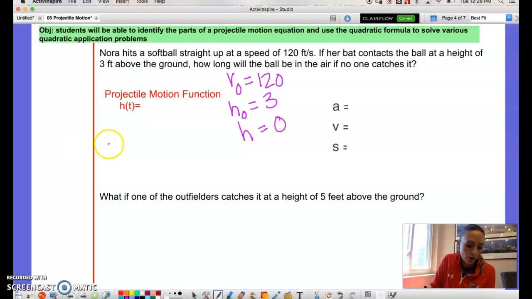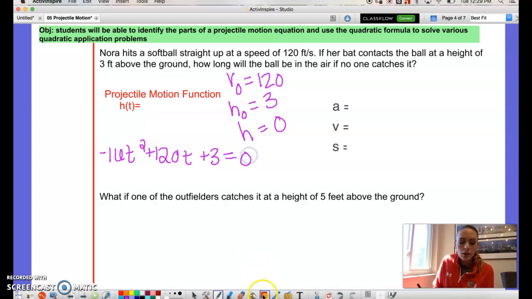Okay, so we'll go ahead and plug this in, and it turns into negative 16t squared plus 120t plus 3 equals 0. You can go ahead and plug that into the quadratic formula, which I will write down for you right here.